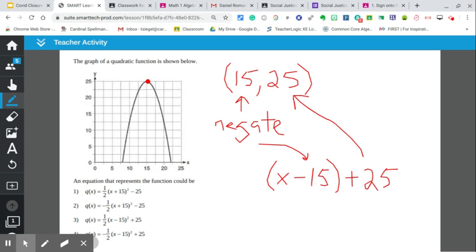But right from the beginning, we had learned that an upside down parabola has to have a negative up here. So the coefficient has to be a negative number, so negative 1/2. Very important, right? Upside downs are negative.